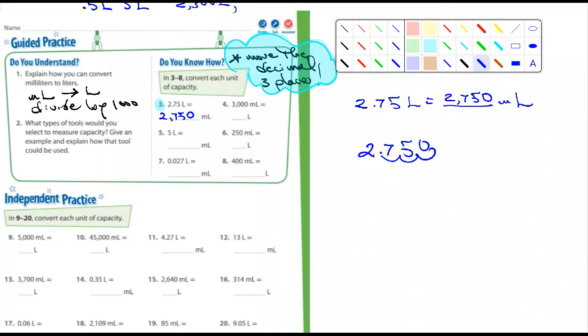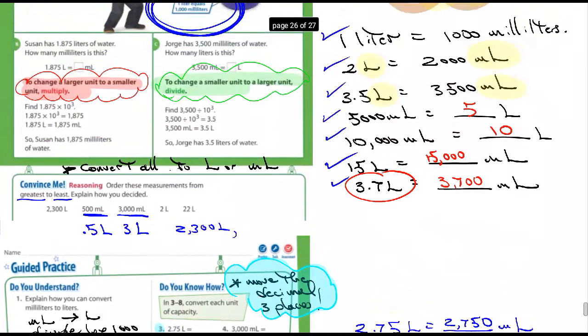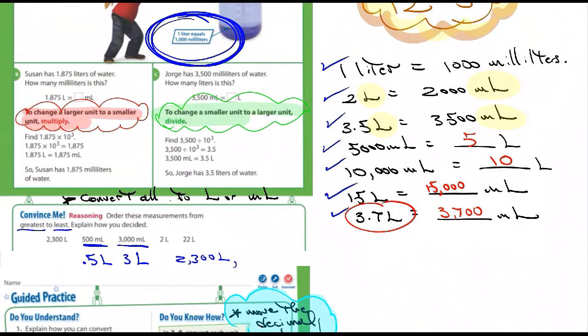Let's look at number 8. 400 milliliters equals how many liters? So, looks like we're going from milliliters, small, to liters, large. Let's go back to our chart. Is that red or green? Green, smaller to larger.